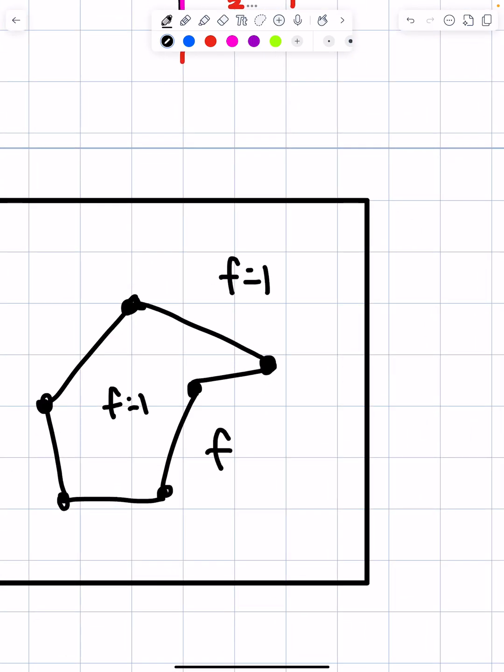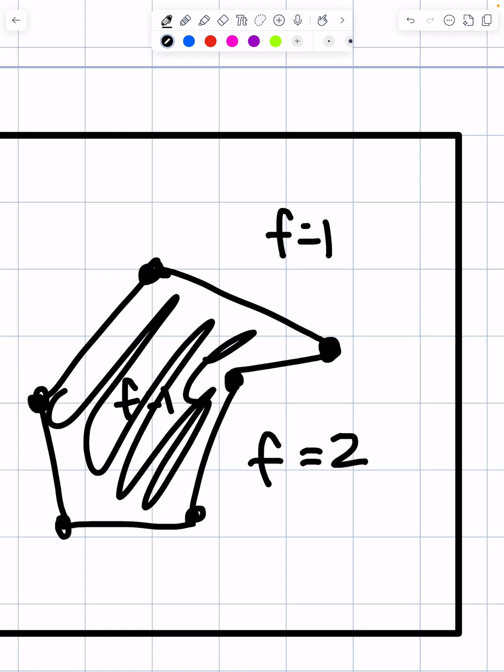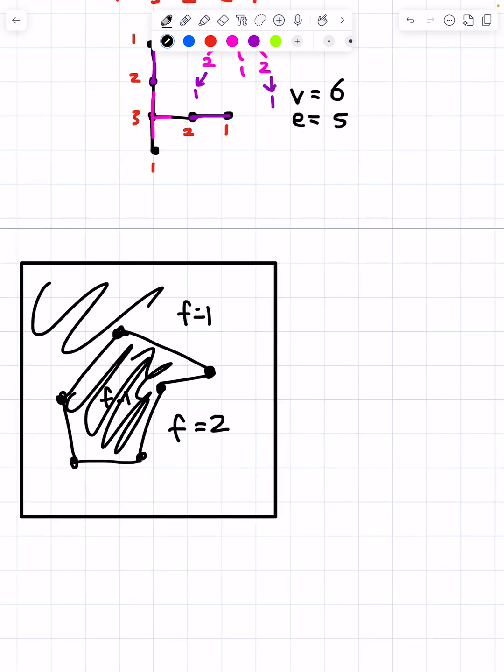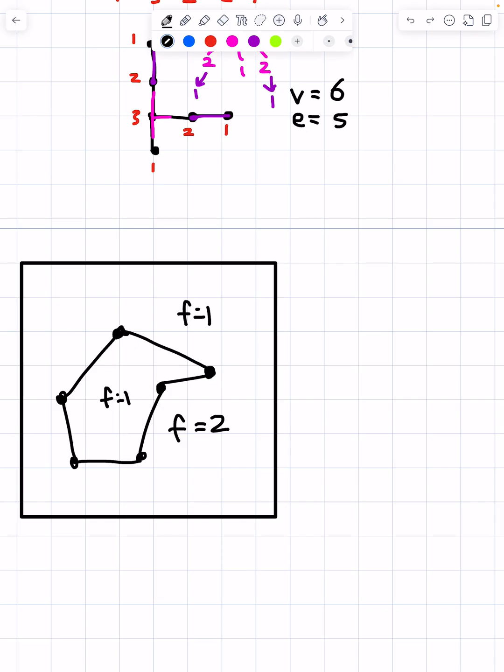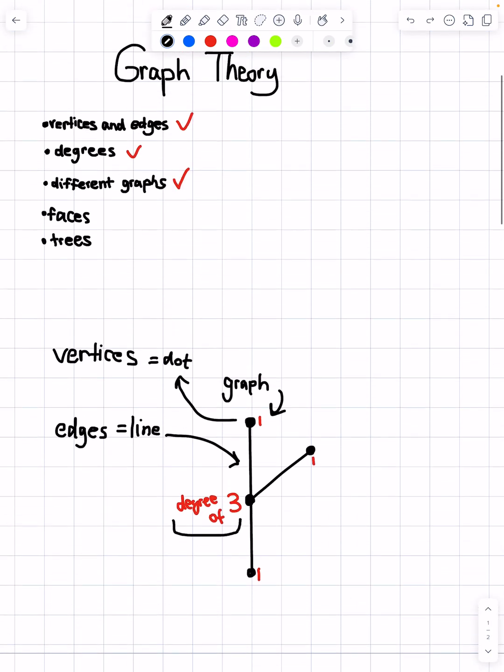So the face in total would equal 2, because there's the area that's surrounded by vertices and edges, and the outside area surrounded by vertices and edges. Of course, it gets trickier from there, which I will talk about later, because I am not fitting all of this into one lesson. So that's what faces are.